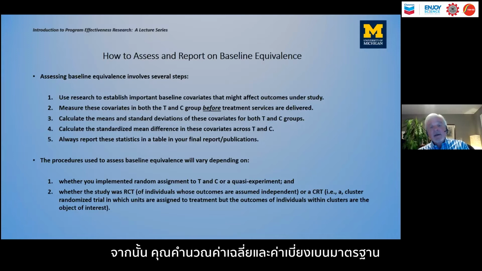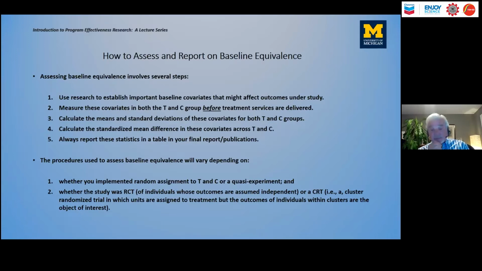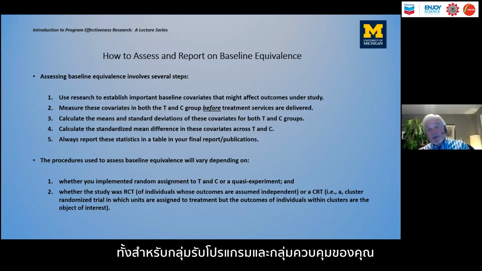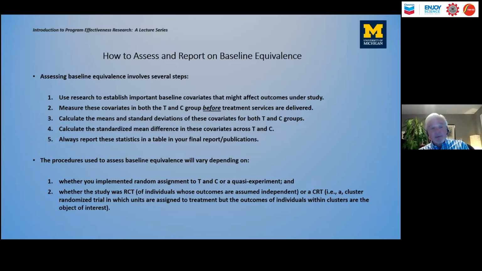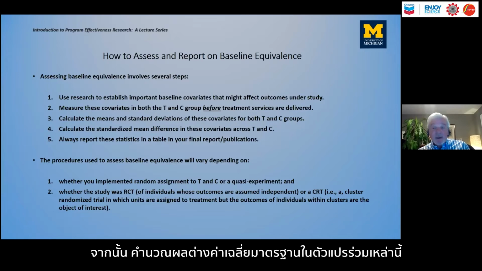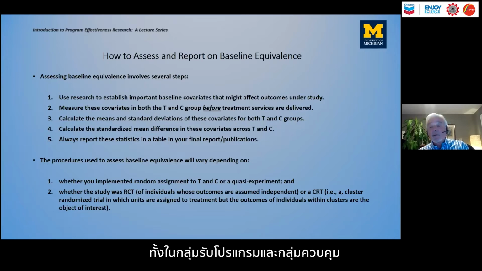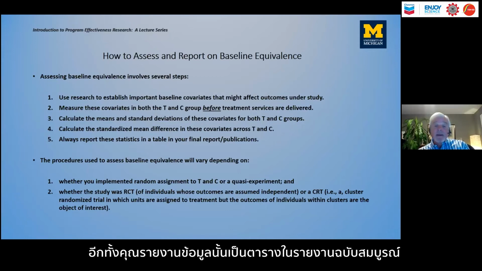You then calculate the means and standard deviations of these covariates, both for your treatment group and your control group. You then take the standardized mean difference in these covariates across the treatment and control groups, and you report those data in a table in your final report.